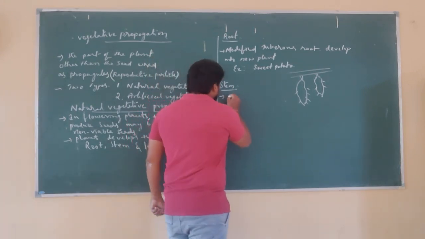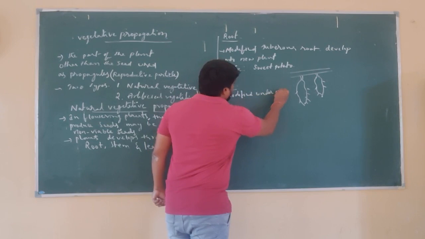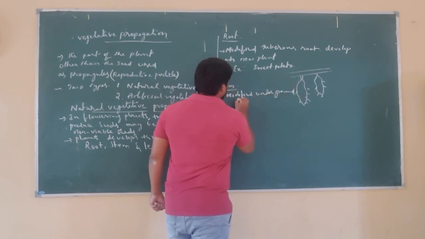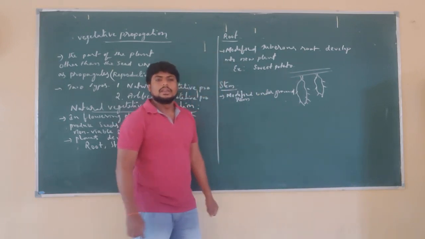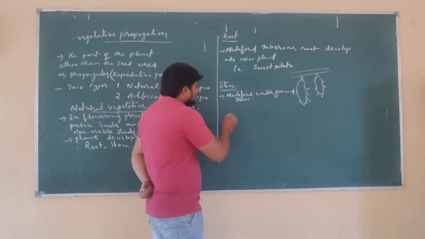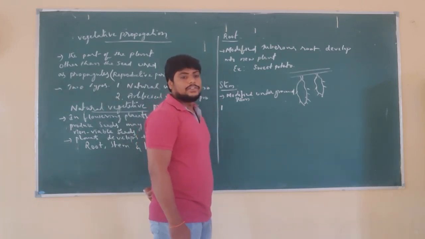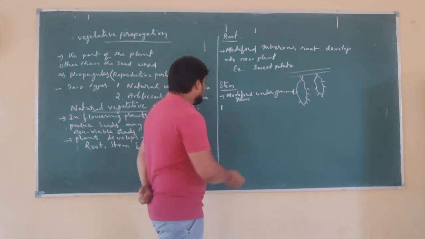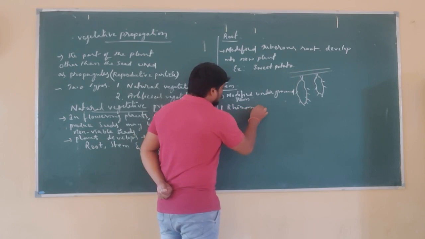What type of stem is it? Modified underground stem. Modified underground stem is used to produce a new plant. This occurs in different methods in different plants, like rhizome.